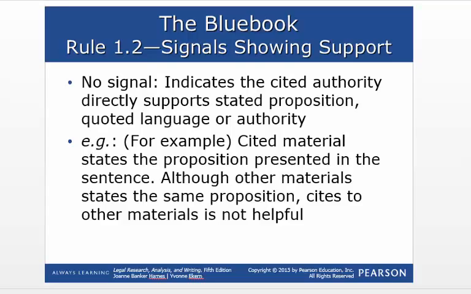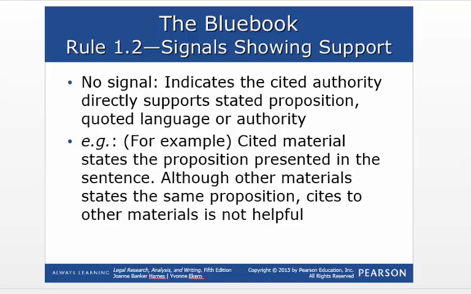And the signal goes before the citation. So a signal in the rule book shows support for a particular idea, and it is placed in front of a citation to let the reader know that this citation is for this particular purpose.